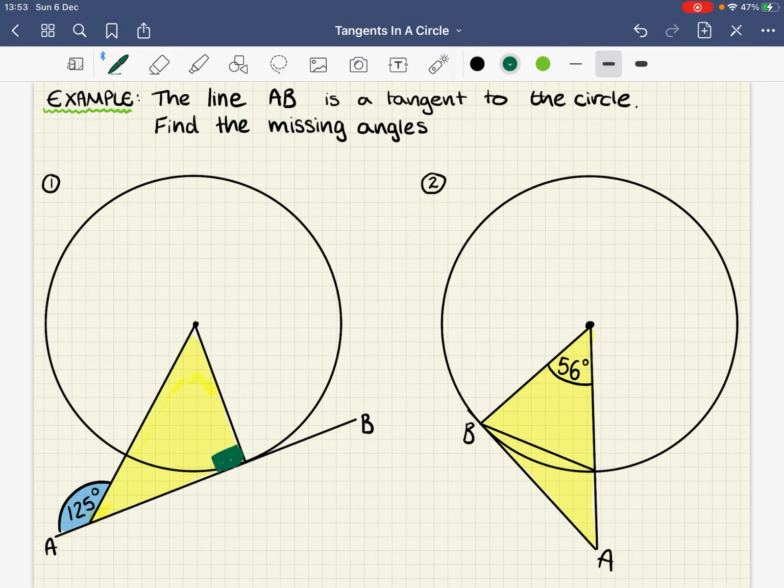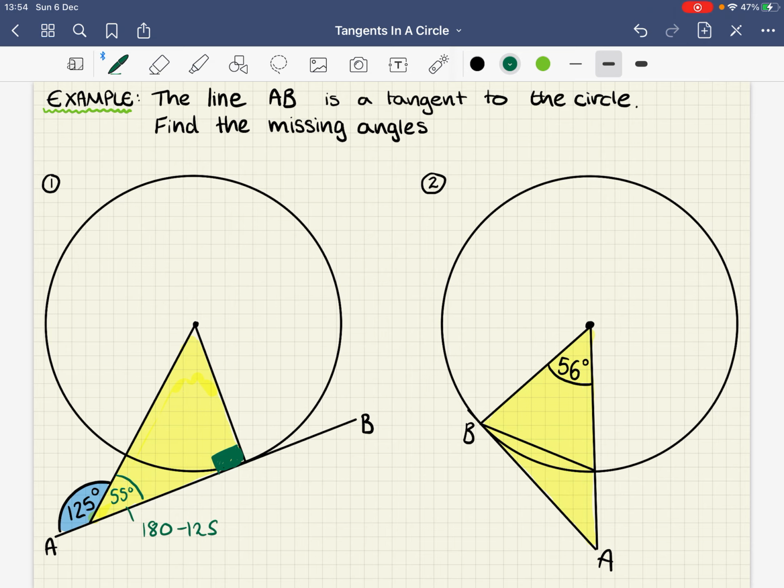And then the next thing I'd do is I'd look at the angle we have been given. It's on a straight line. Angles in a straight line add up to 180. So that means I need to do 180, take away that 125, and that would just be 55 degrees.